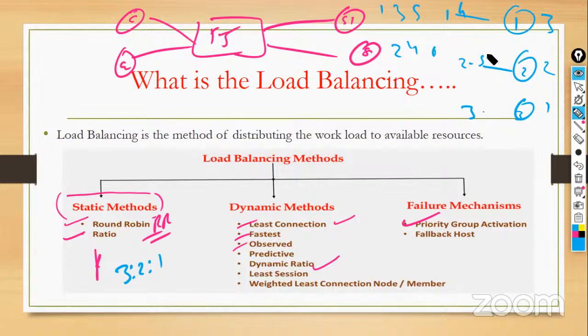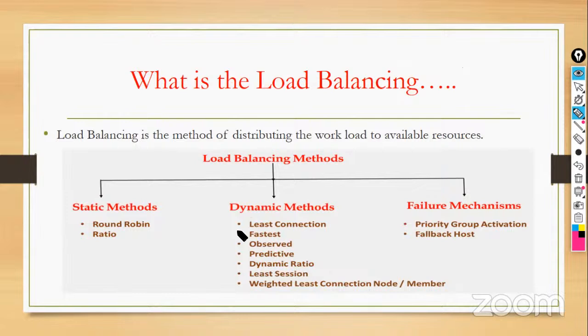Here, here, or here? Your sixth connection request will come to here. So now we have three requests on this one, two requests on this one, and one request on this one. So this is ratio 3 to 1. These are the load balancing methods.